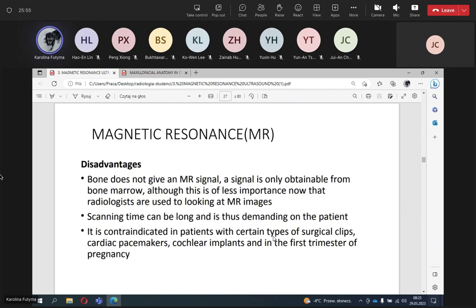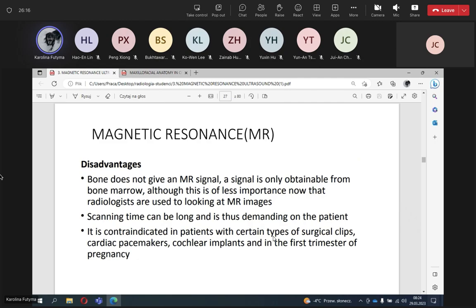What are the disadvantages? So the bone does not give any signal in MRI. A signal is only obtainable from the bone marrow, which is of course inside the bone, although this is of less importance now that radiologists are used to looking at MRI images.